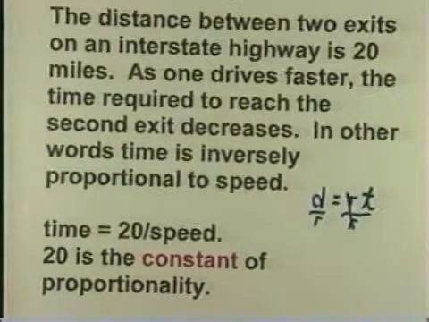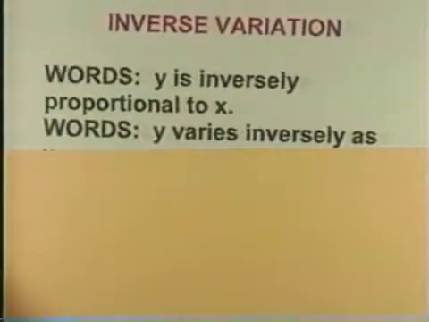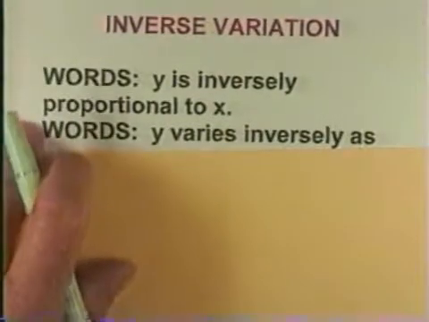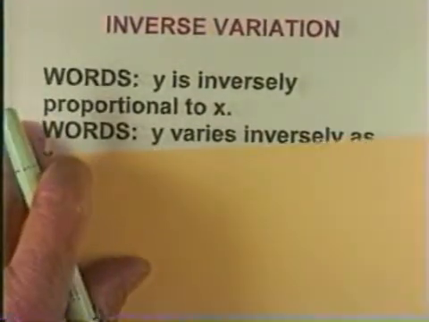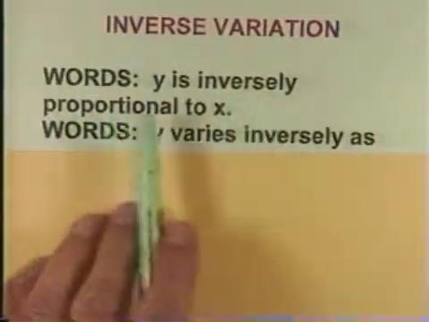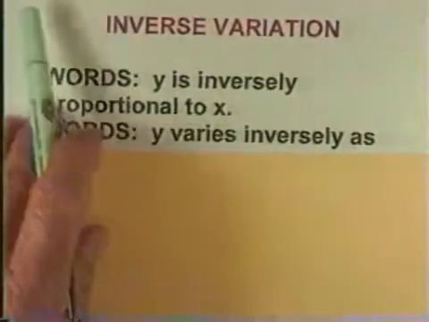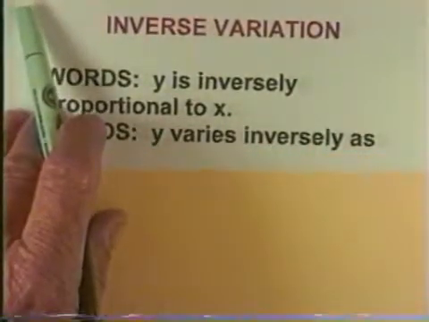Let's look at the inverse variation model. In the inverse variation model, the words would be that y is inversely proportional to x, or we could say y varies inversely as x.